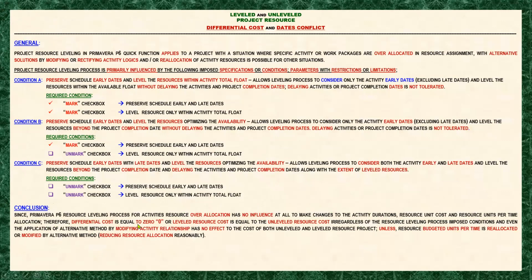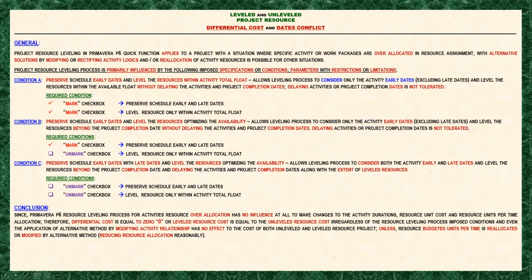Therefore, differential cost is equal to zero, or leveled resource cost is equal to the unleveled resource cost, regardless of the resource leveling process imposed conditions. And even the application of the alternative method by modifying activity relationships has no effect on the cost of both unleveled and leveled resource projects, unless resource budgeted units per time is recalculated or moved by the alternative method, reducing resource allocation.